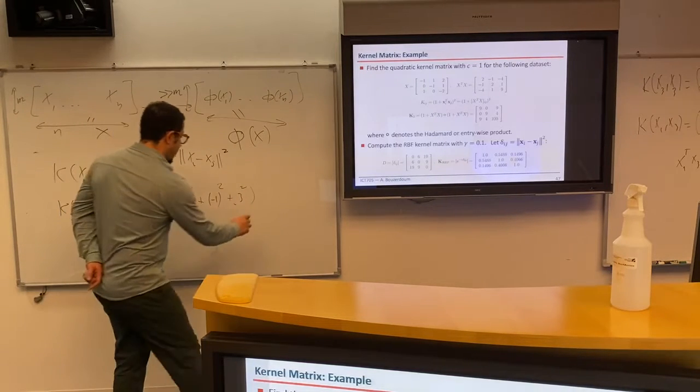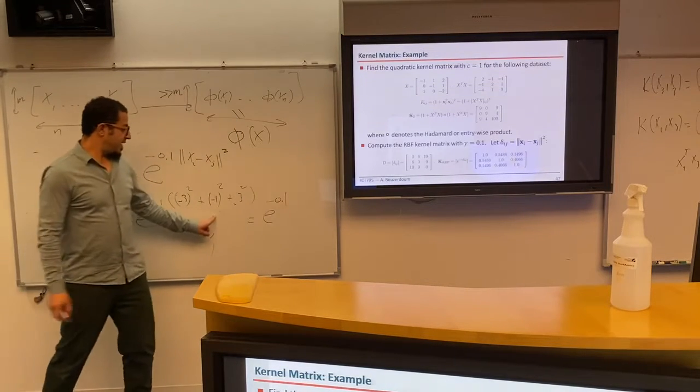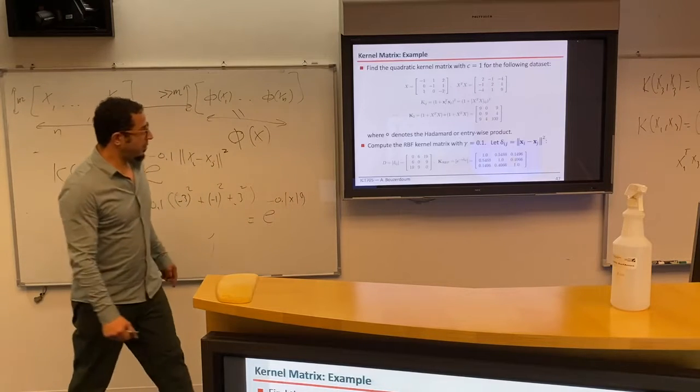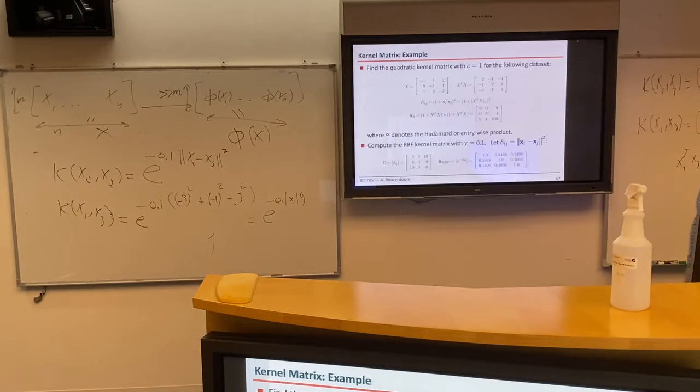So it will be exponential minus 0.1 times 10, which gives 0.149 when you do the product for 1 and 3. Is the calculation clear?